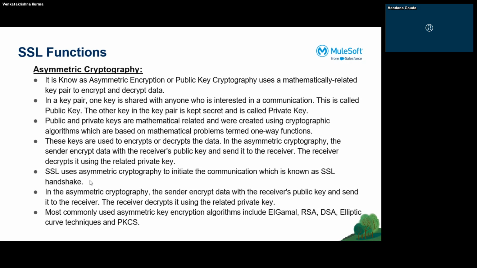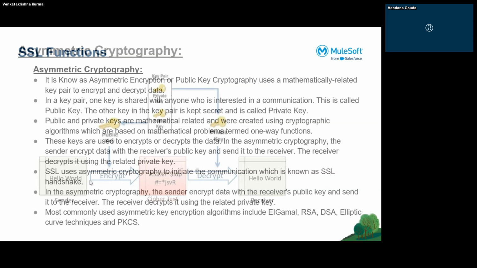These are all asymmetric cryptography algorithms. Now we are going to combine asymmetric cryptography with symmetric cryptography. With all these combinations we are creating the SSL certificate now. That is the main agenda here. So this is asymmetric cryptography.